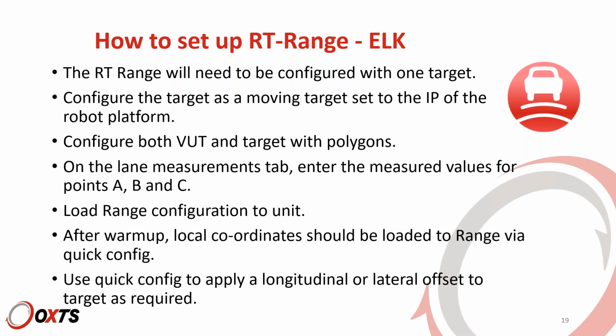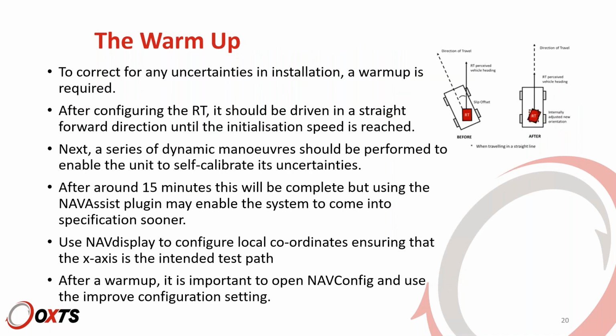Then the warm-up, which I mentioned earlier. So with the system configured, to get the system up and running, there's a couple of steps you need to do. The first is basically to give it a defined forward direction. When you first power on the RT, it records gravity downwards from the accelerometers, so it knows which direction is down, but it doesn't know which direction is forward.